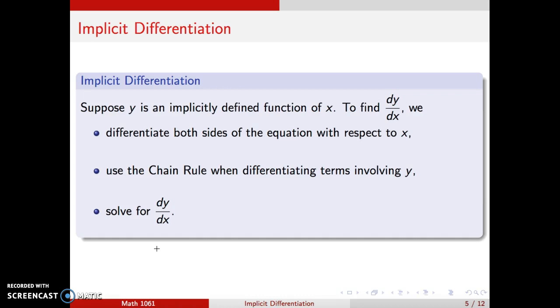If we've got y as an implicitly defined function of x, described by a relation between the two, and we want to find dy/dx, we differentiate both sides with respect to x using all the rules we know, power rule, quotient rule, whatever it might be, and we use the chain rule when we differentiate terms involving y. Then we solve for dy/dx. We'll have a bunch of expressions with some dy/dx factors sprinkled in there, and it's effectively a linear equation that you solve.